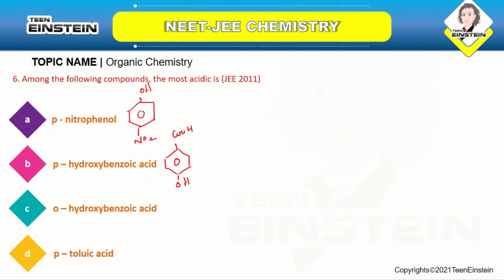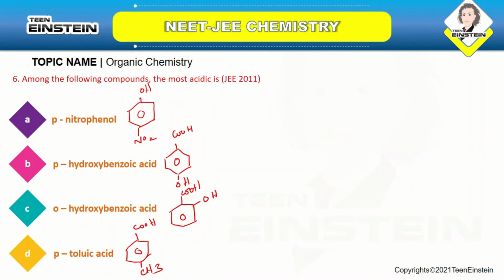The third option is ortho-hydroxybenzoic acid, where the hydroxy group is in the ortho position, next to the carboxylic acid group. The fourth option is para-toluic acid.